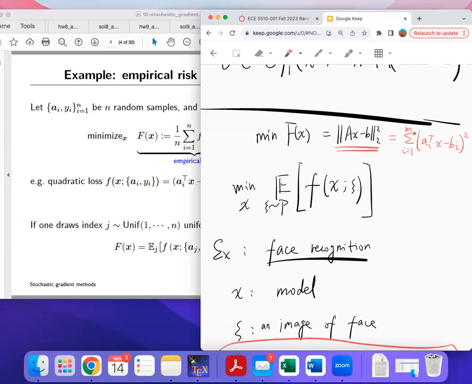So you see this least mean square problem is a sum of these loss functions. So this is f, x, the data is a_i and b_i.